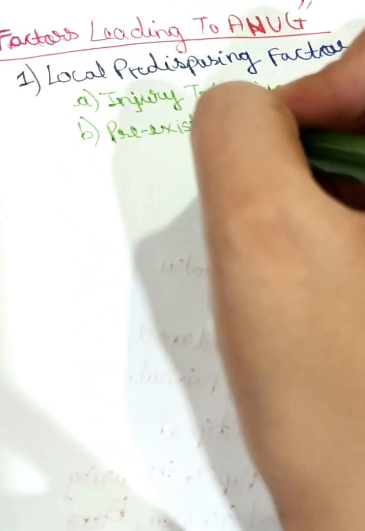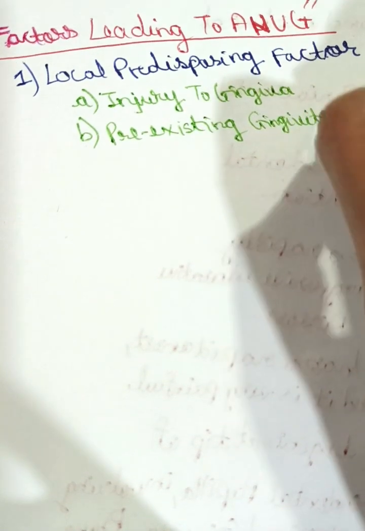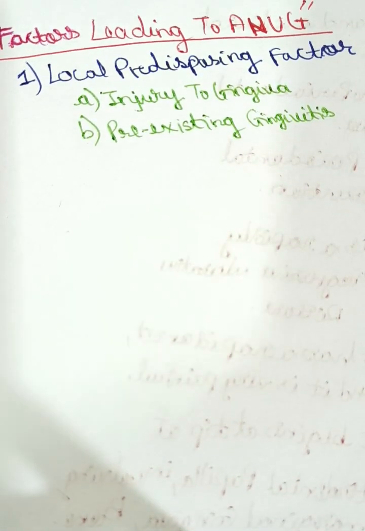Injury to the gingiva includes traumatic injuries which are caused to the gingiva, like gingival laceration, etc. Second, it includes pre-existing gingivitis. Pre-existing gingivitis involves the presence of deep periodontal pockets and often pericoronal flaps.